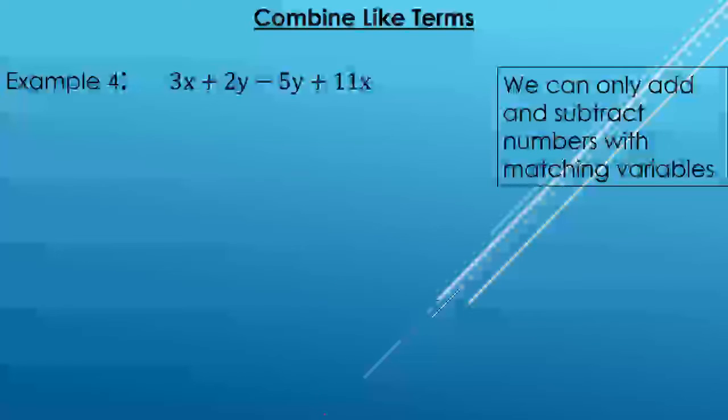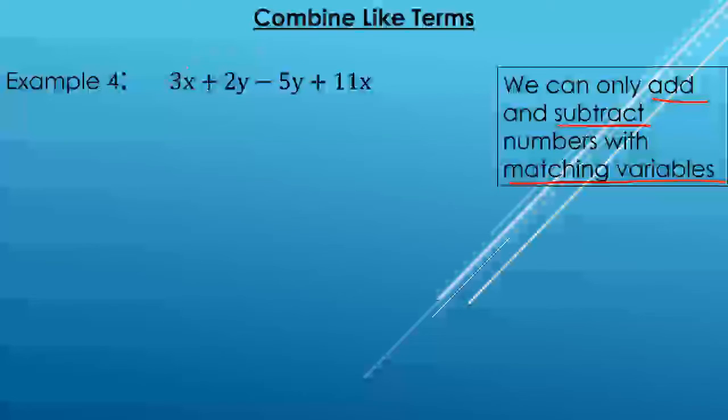Okay, combining like terms. Like terms, this is the idea that we only can add and subtract numbers with matching variables. So if you have different terms in your expression, some with y's, some with x's, some with a's, b's, or c's, you can only add the like terms or subtract the like terms together.